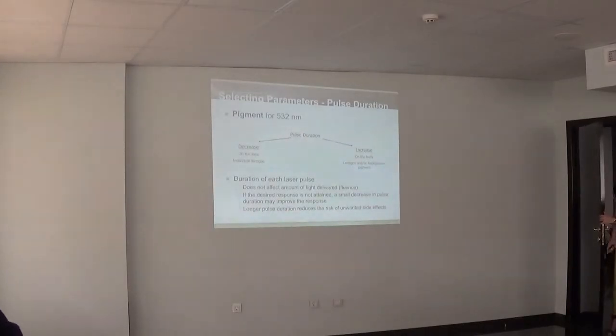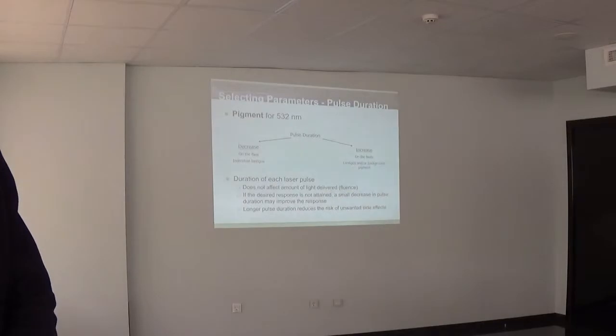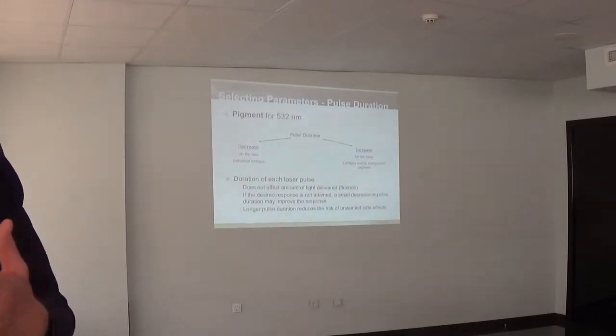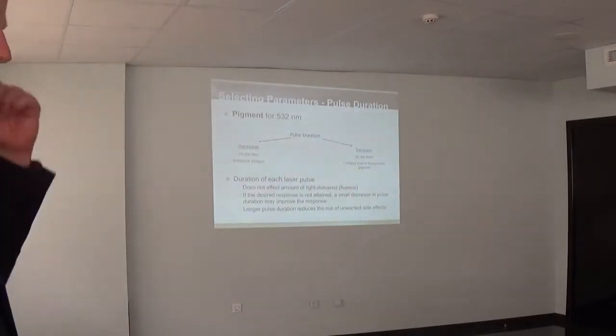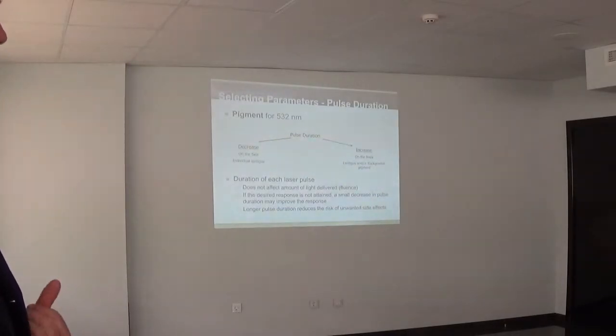Here is one important thing. The shorter the pulse duration, the more power you use from the machine, so the more aggressive you are. If you're in doubt, if you think your skin type may be too dark, you always have to think, what's my risk? A longer pulse duration will reduce that risk.